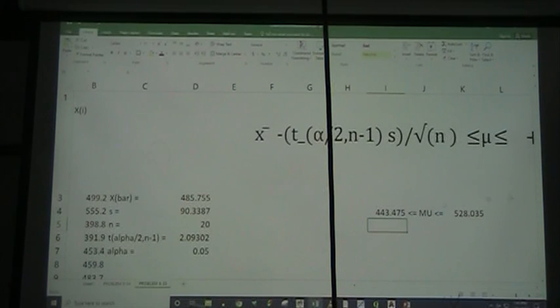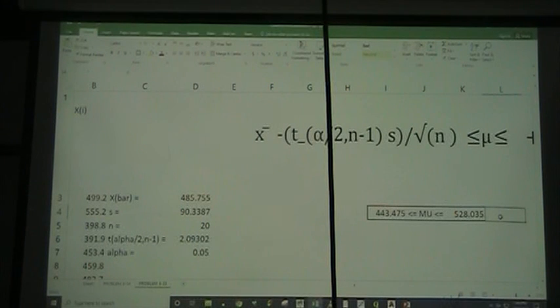And there you go. There is our famous confidence interval at 95%.